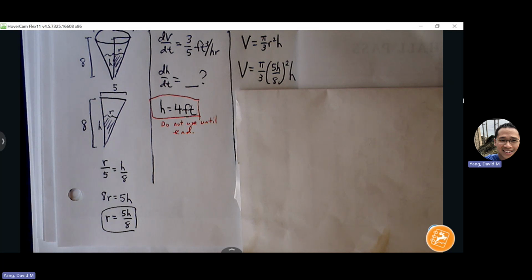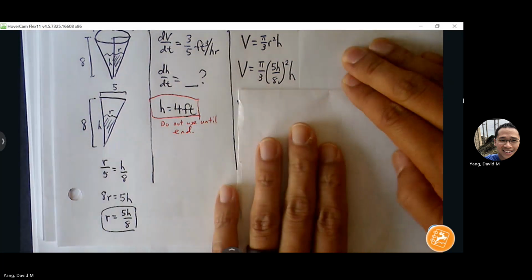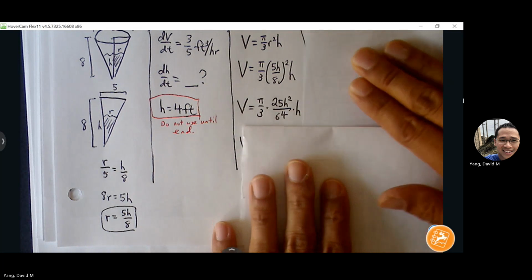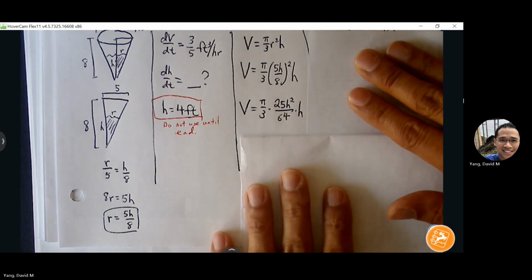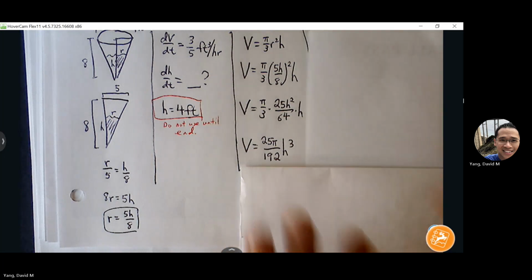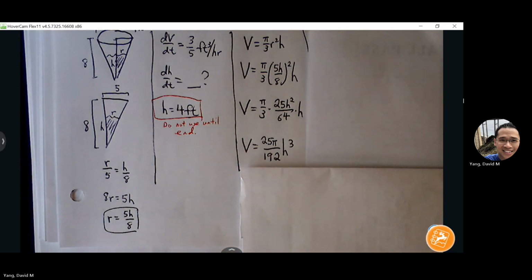And then make your derivative. So we're saving the calculus until we have a nice and clean equation.